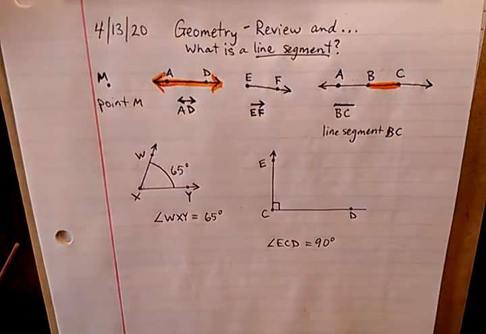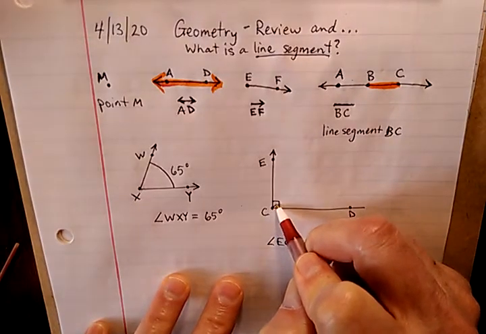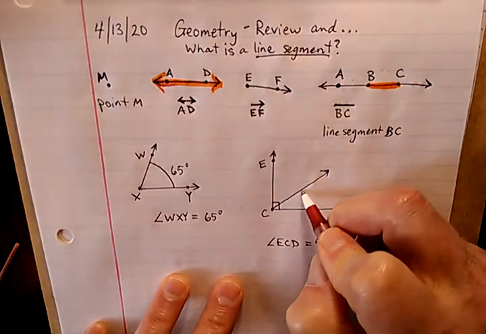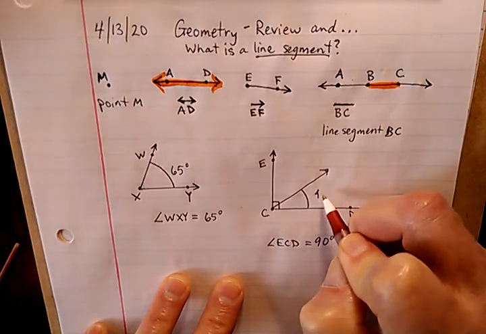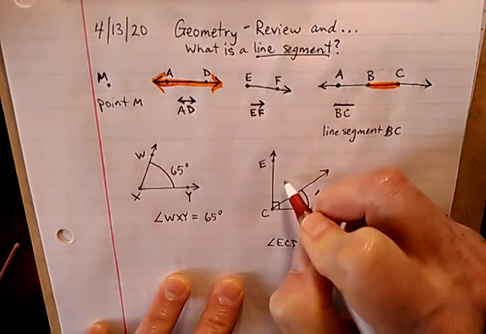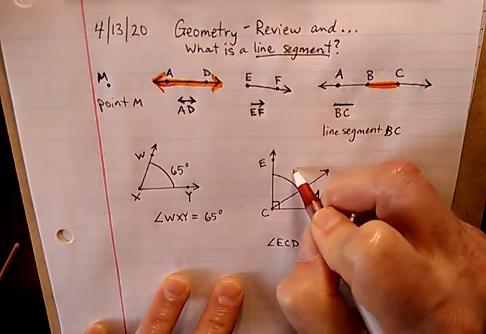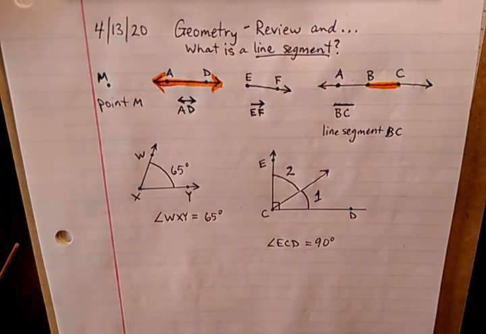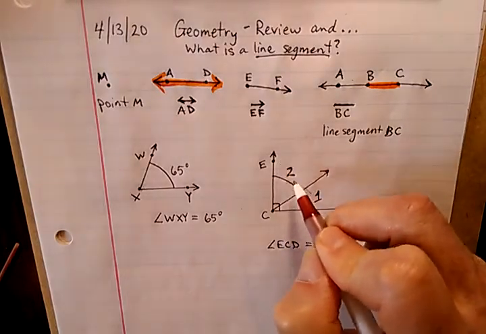But what if we break that 90-degree angle into 2 parts and we say there's angle 1 and the other part is angle 2. Then we could name angles in a different way. Instead of using letters, we could just call this angle 1 and this part over here angle 2.